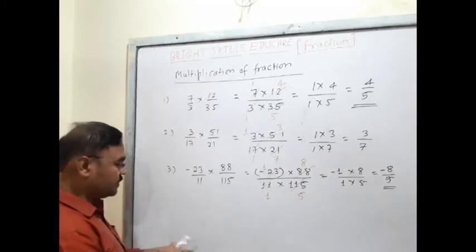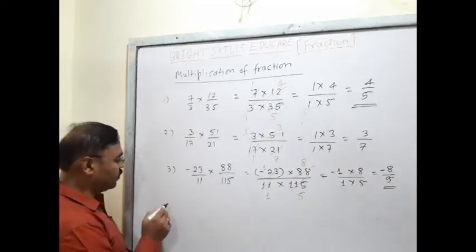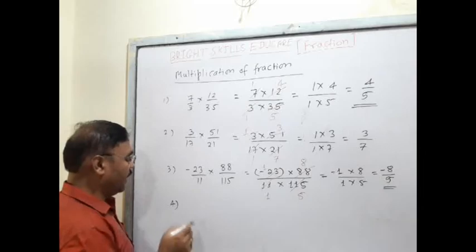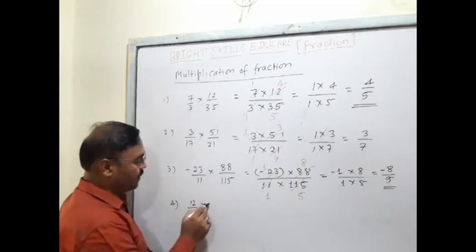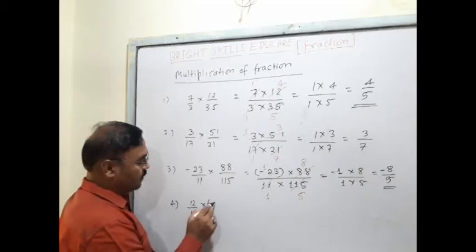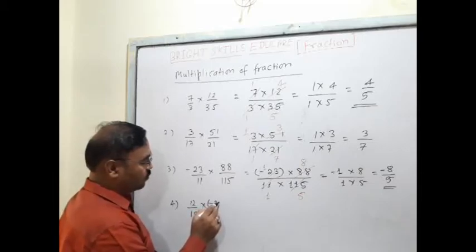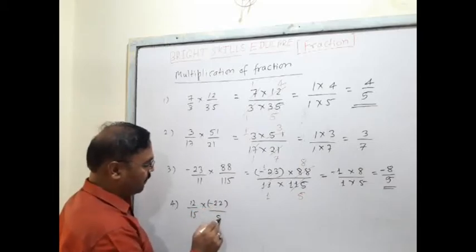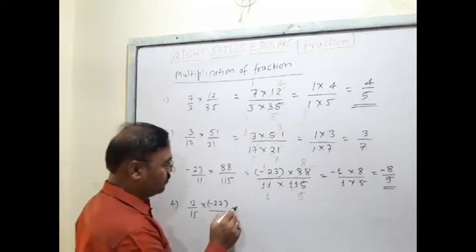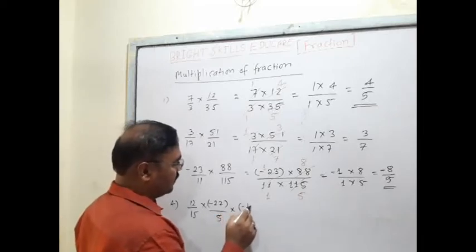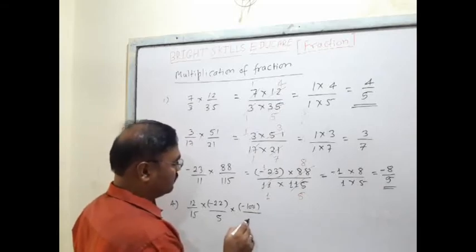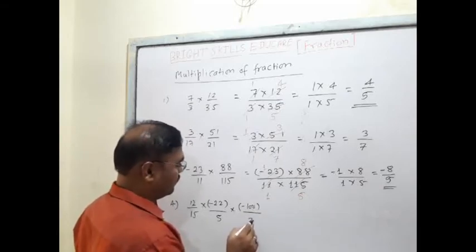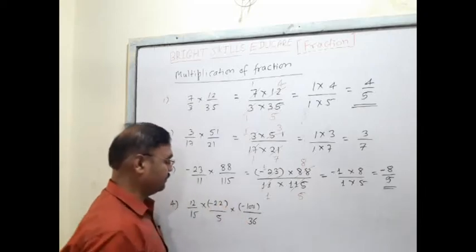Now students, let us do the fourth sum. It is 12/15 into minus 22/5 into minus 100/36.